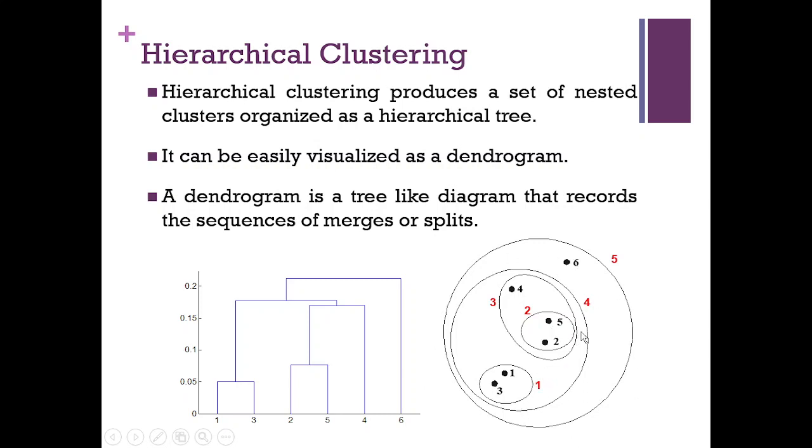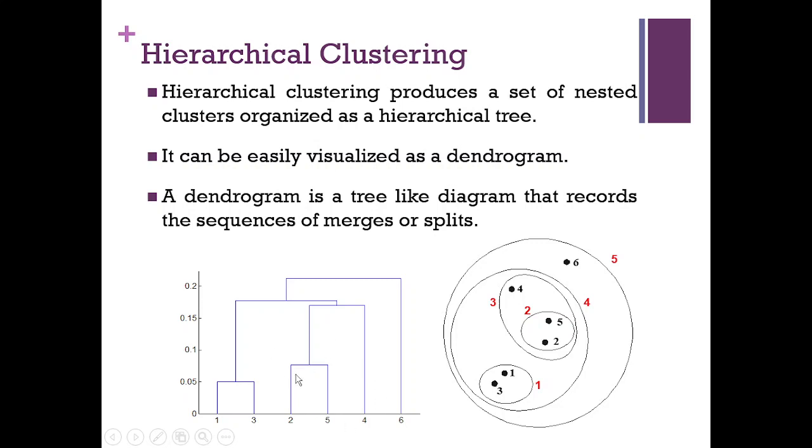Now all these sequences of merges have been recorded in my dendrogram, which is here. If you see clearly, first 1 and 3 were merged to form a cluster. Then 2 and 5 were merged to form the second cluster. Then the cluster of 2 and 5 was merged with 4 to form the third cluster.